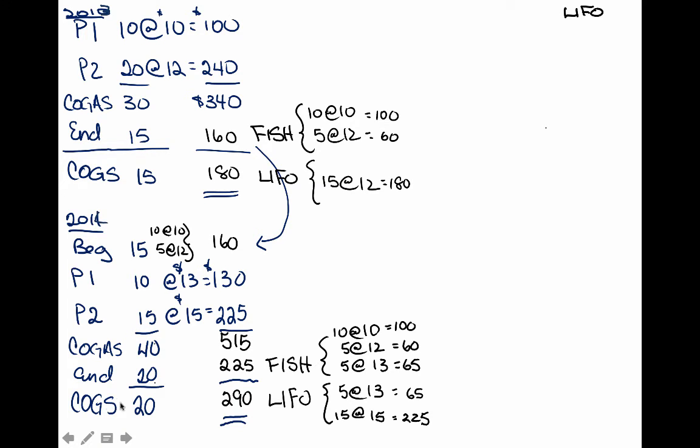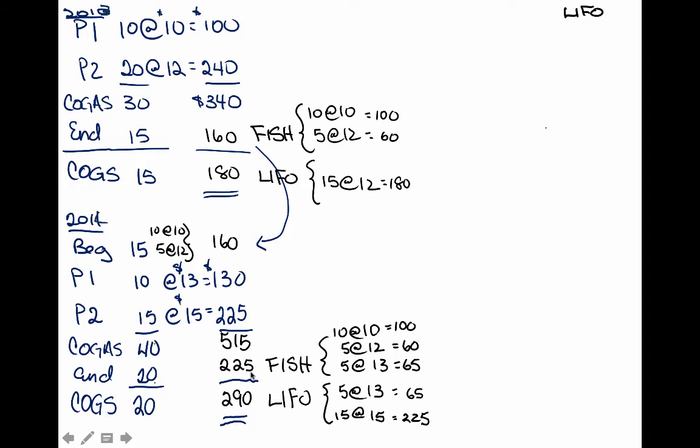We sell 20 units, last in, first out. The last ones in were 15 at $15, so we sell those. We need another 5 units at $13. So we'll assign $290 to cost of goods sold. The difference, or $225, will go to ending inventory.